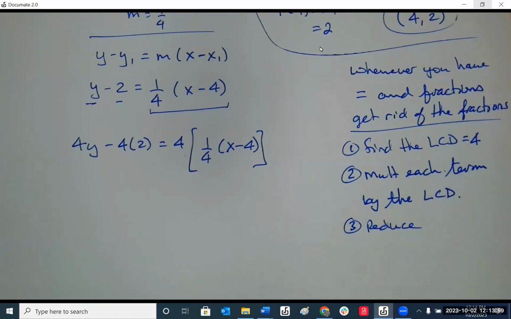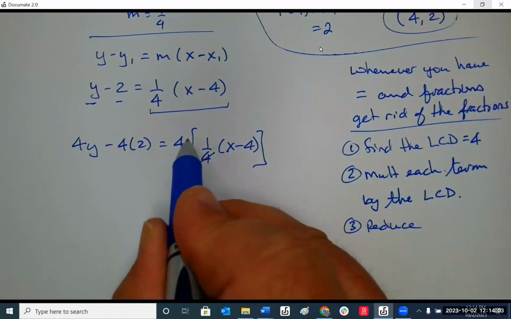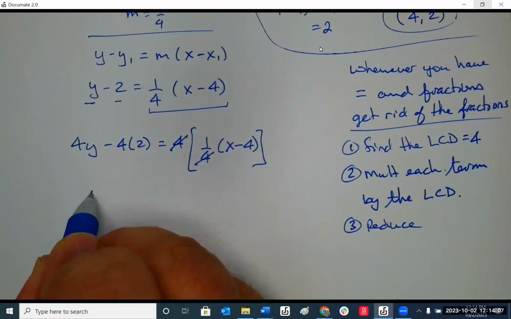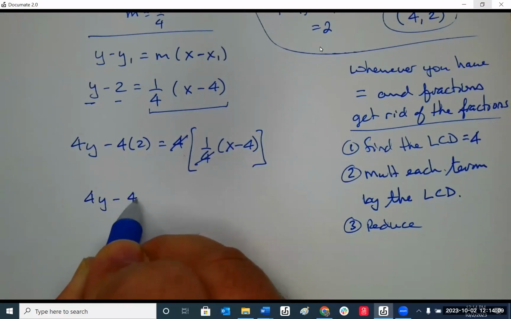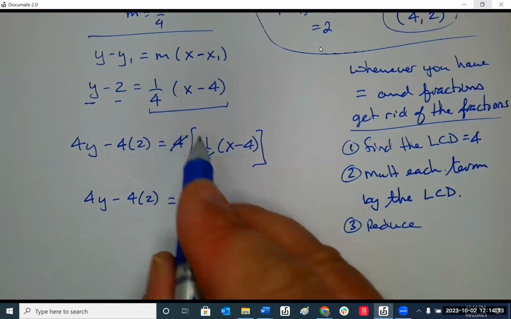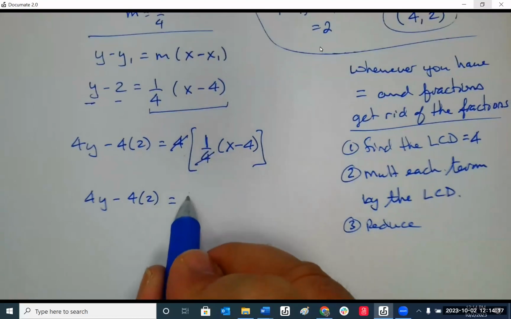Reduce. So there's nothing. This 4 and this 4 cancel. So there's nothing in front. So I just have that 1 doesn't do anything.